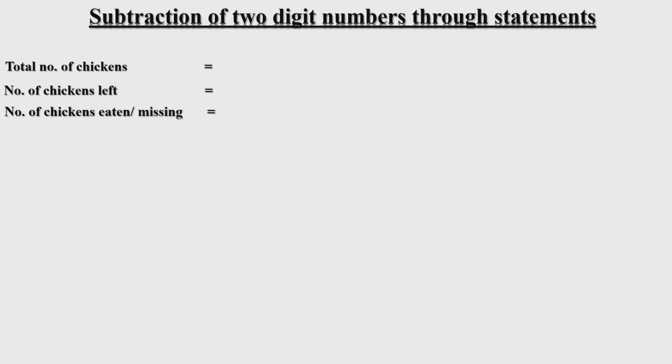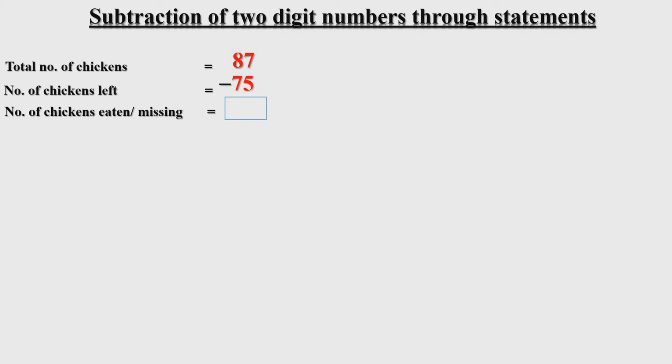Let's do another way. Subtraction of two-digit numbers through statements. Total number of chickens is 87. Number of chickens left is equal to 75. Now, number of chickens eaten or missing is equal to what? Firstly, we will place the sign of subtraction at the left side of subtrahend.